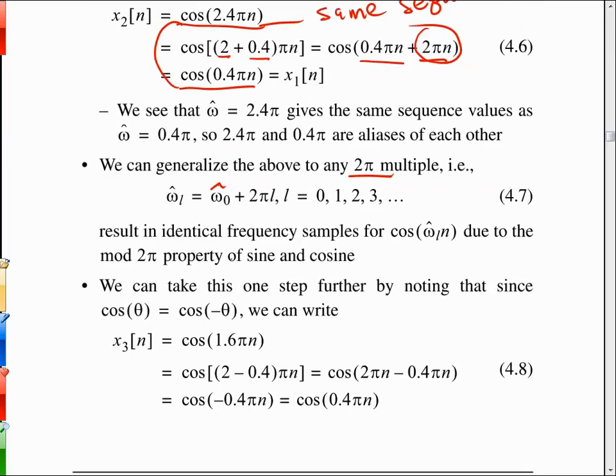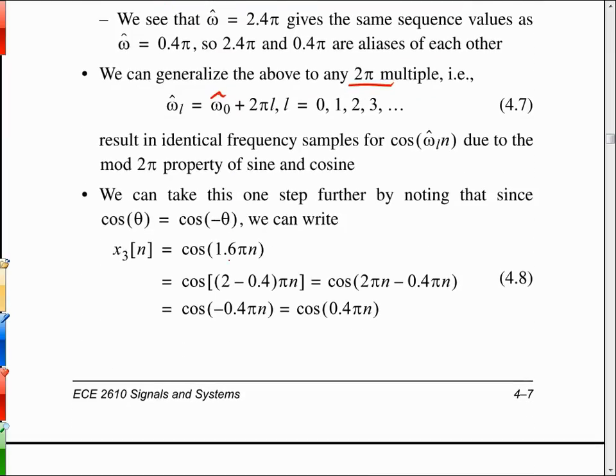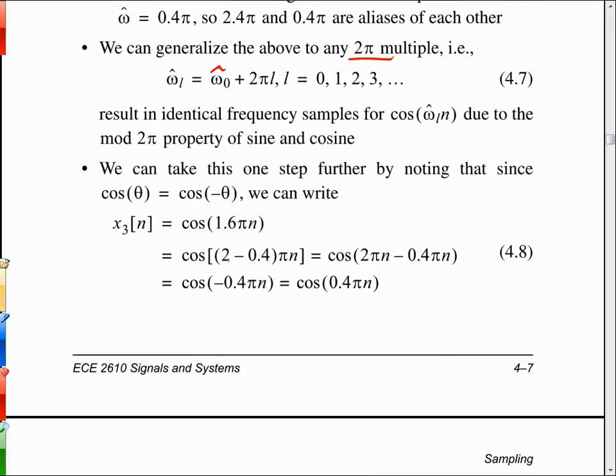Then furthermore, since cosine is an even function, in other words, cosine of pi is equal to cosine of minus pi, we can actually do a difference here. In other words, 1.6 pi could be written as 2 minus 0.4 pi. So that would factor down to saying, now we have another 2 pi factor that is irrelevant, and then we have a minus 0.4 pi, which due to the evenness, again, would take us back to 0.4 pi.